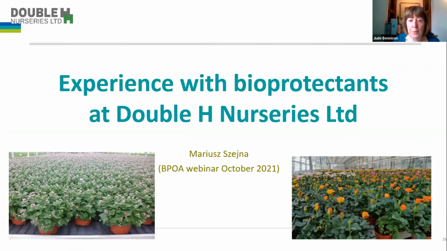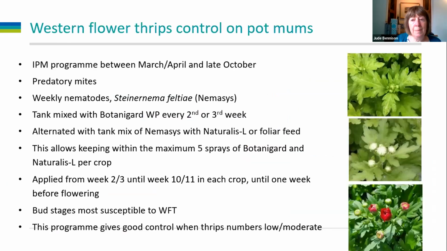And those of you who saw the BPOA webinar last October, where Marius from HH joined me in talking about bioprotectants for thrips control, will remember that he gave details of their IPM program on pot mums, where they use a combination of predatory mites, nematodes, and having seen how effective Botanigard could be in the Amber project, they're now alternating Botanigard and Naturalis tank mix with nematodes in their IPM program.